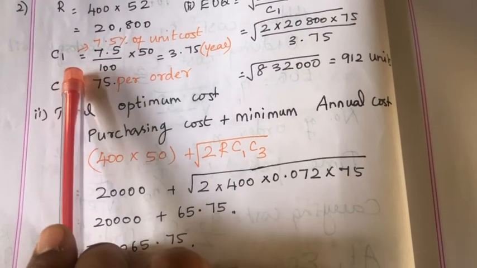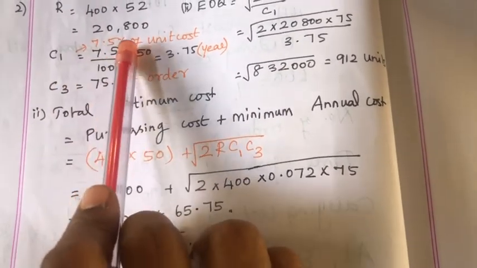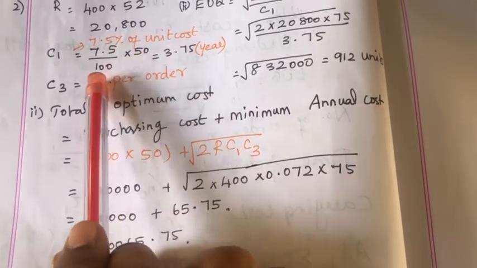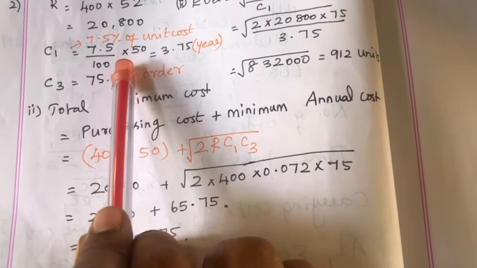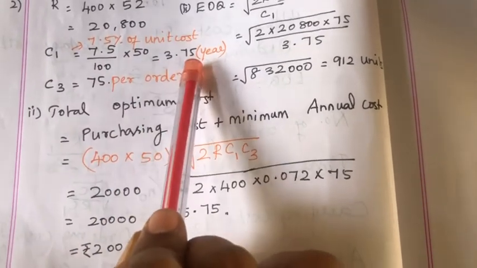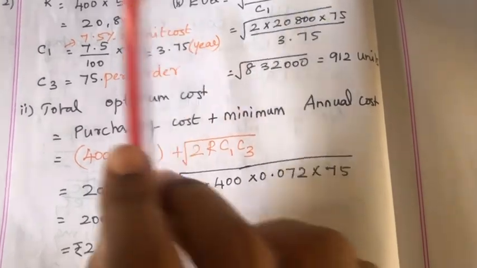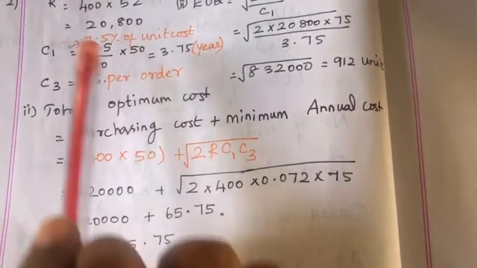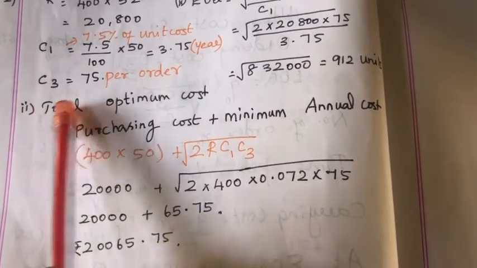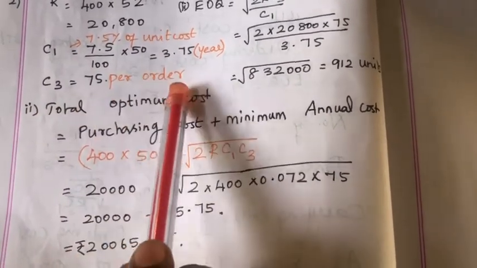C1 is 7.5% of unit cost. So, it is 7.5 divided by 100 into 50, that is equal to 3.75. That is for a year. The 400 value is only for a week, but this cost is for a year. C3 is rupees 75 per order.